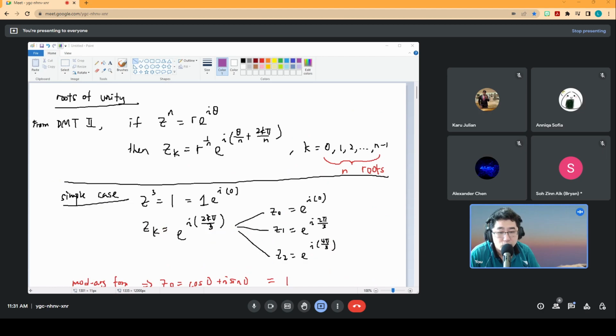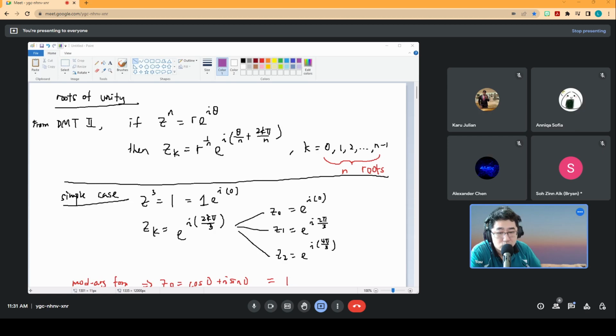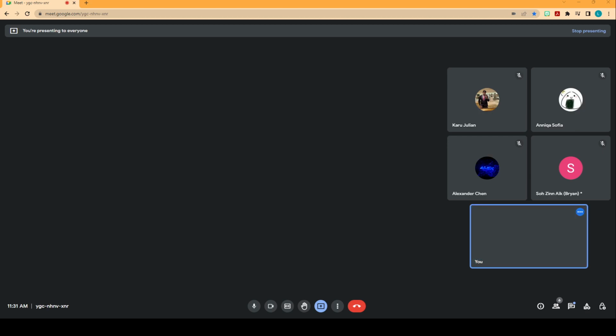Then I think we don't need to do so much first. I give you exercise 23C. Root of unity is not a definite exam question, but if it appears, you will be expected to know how to do it.